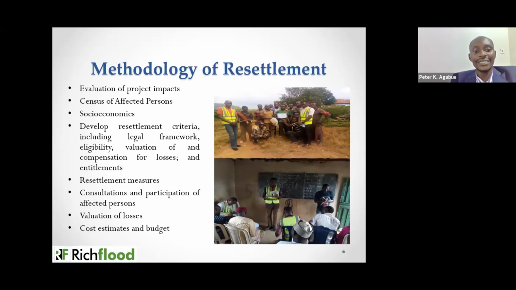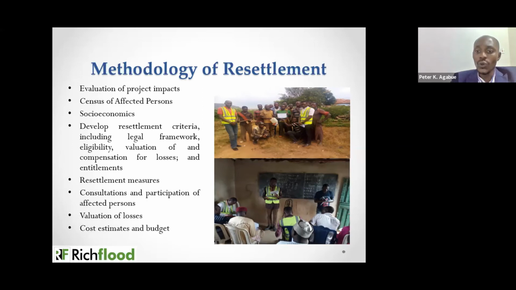In the methodology of resettlements, it is very important to evaluate the project impacts. It entails the identification of positive and negative impacts. The negative impact would be a result of the size of the land take as a result of the project, or it may be as a result of displacement of economic trees, crops, or fence, as well as other properties.